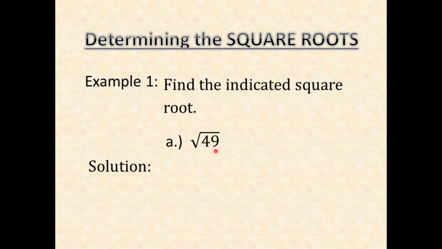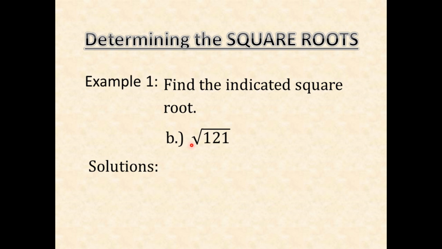If you still remember in our previous slide, under the first 8 perfect square numbers, 49 is included. So 49 is a perfect square number. The square root of 49 is equal to 7, because 49 is the product after multiplying 7 by itself.